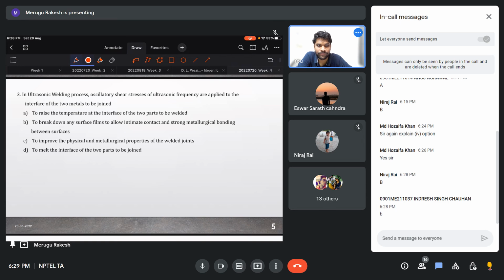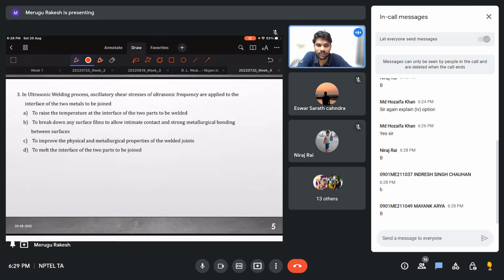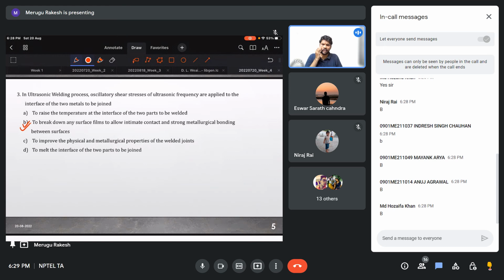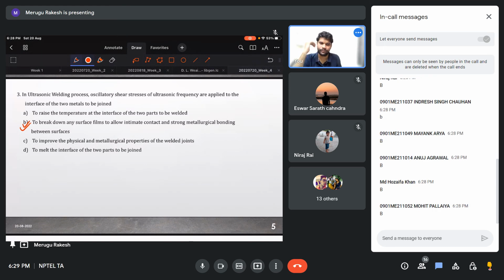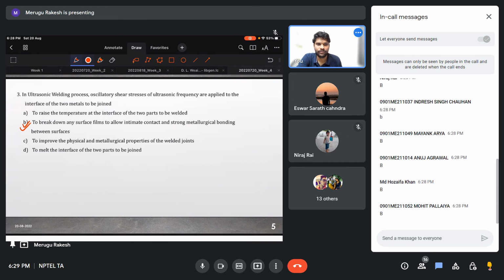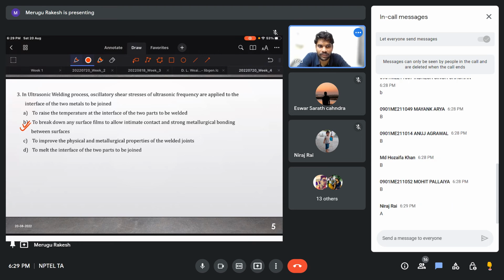Nice. Okay, so are most of you correct? Option B is the correct one. Any other options you think are correct? Very good response for this third question.